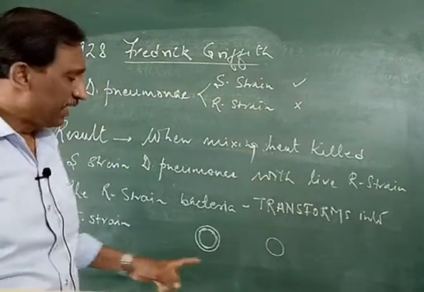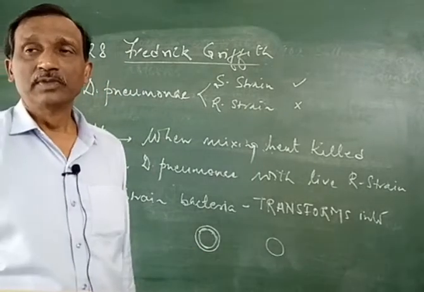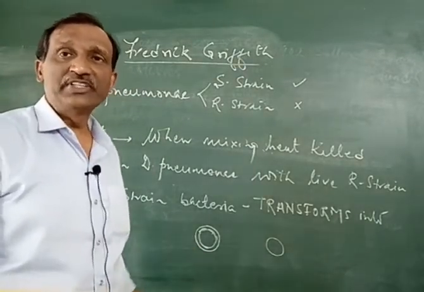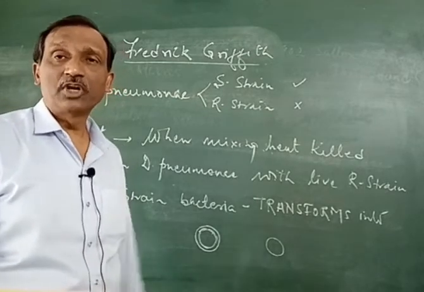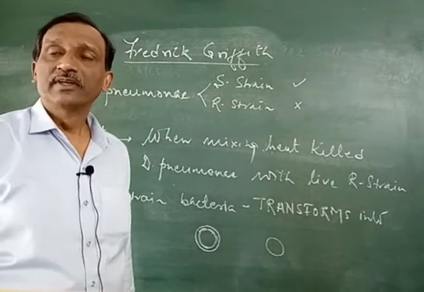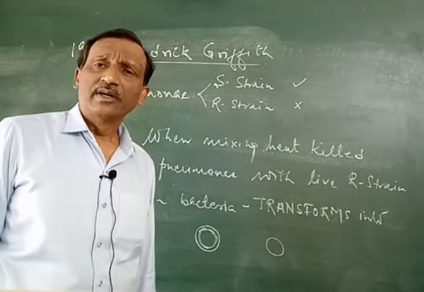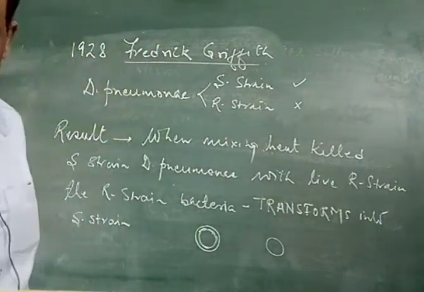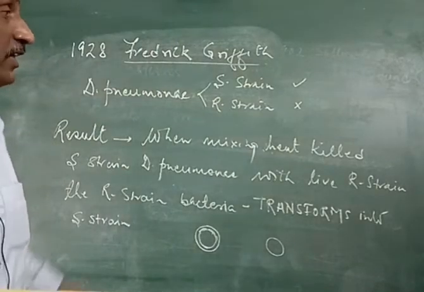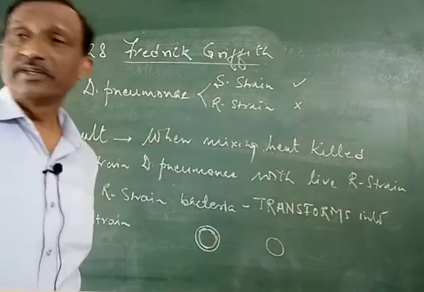So the difference lies in this capsule. If the capsule is developed, it will change into smooth. If the capsule is not there, it will remain rough. The experiment remained without any proper result, and it was kept in the research laboratory.